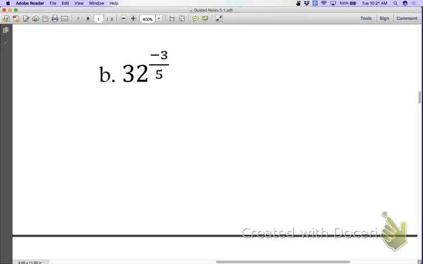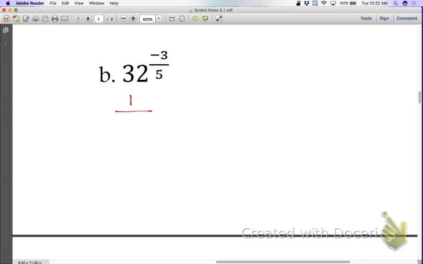So then here I have 32 to the negative 3/5 power. First off, with anything that's negative, what do I need to do with my number? Can I flip it?